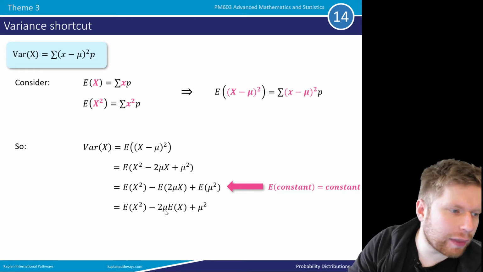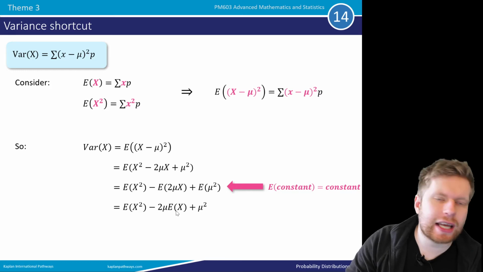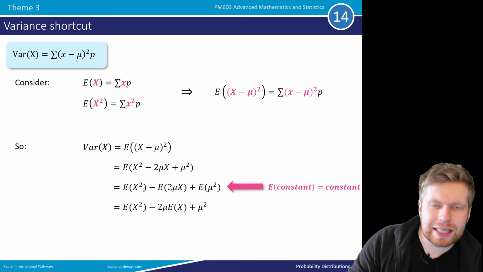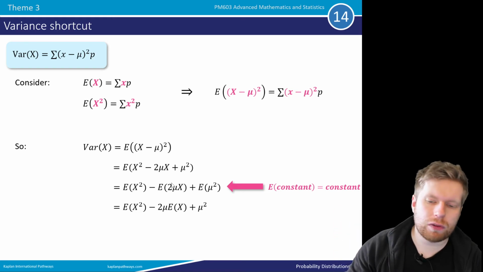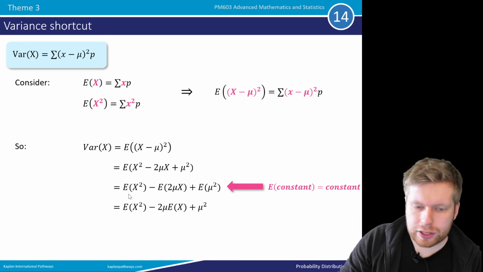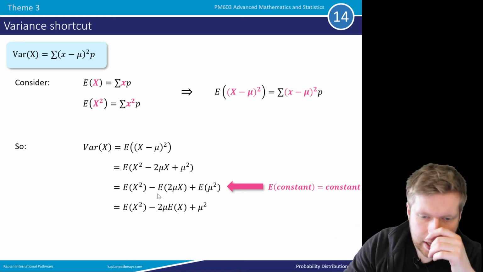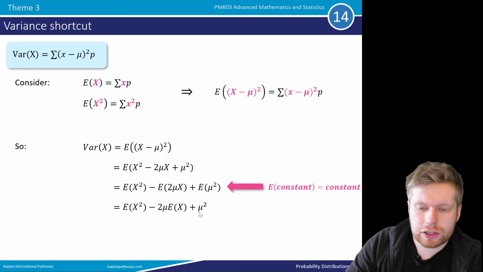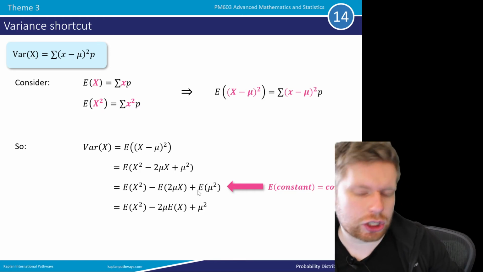I can also pull out that 2 mu out the front of my expectation because again, 2 mu is the expectation of a constant, which should just be a constant. So the first term stays the same, E of X squared, but then I'm taking away 2 mu times the expectation of X, plus, you notice here I've just got the mu squared because it's the expectation of a constant.